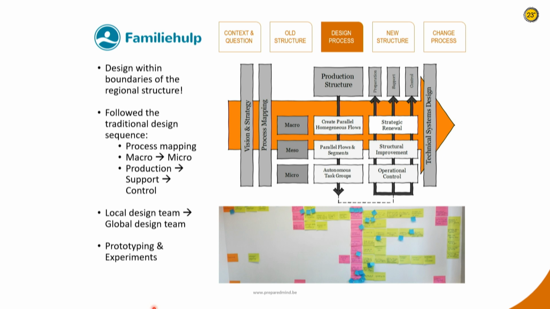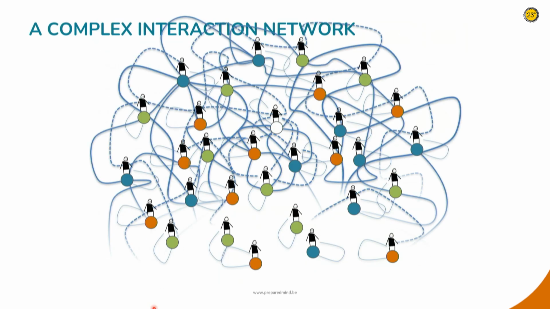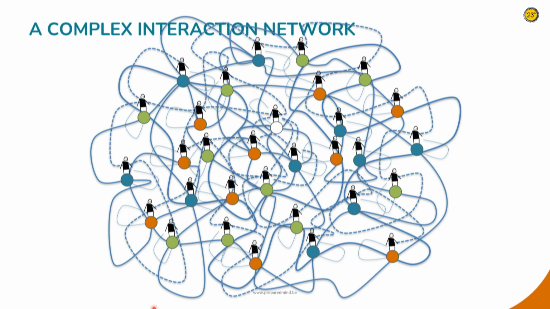We worked together with several employees in several layers of our own organization, and we worked with local design teams and also with a global design team. And we did a lot of prototyping experiments. And this is what I already mentioned, that we know that there is a complex interaction network.